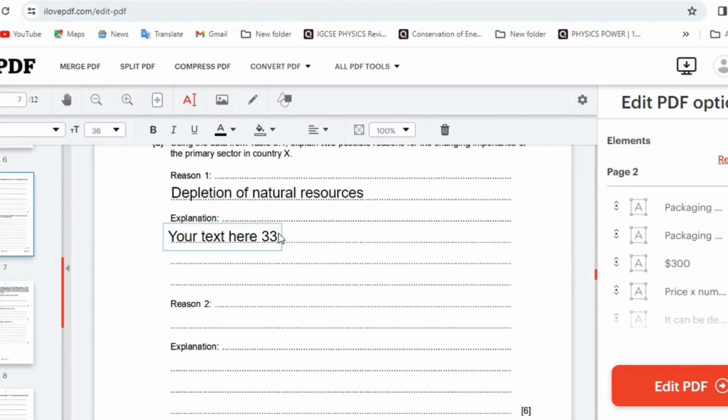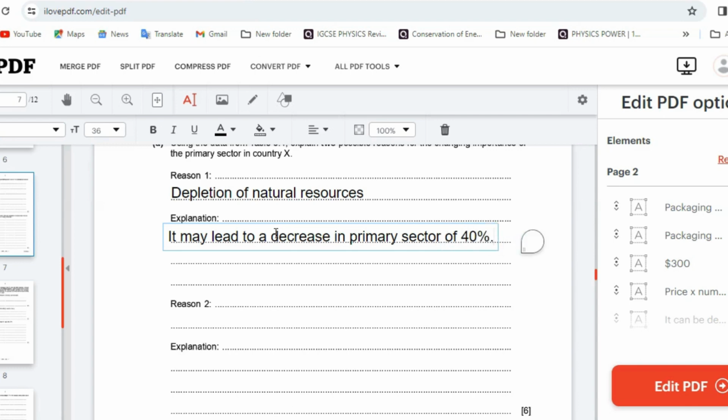Okay, yes, it may lead to a decrease in primary sector, let's say of the application, the 40%.